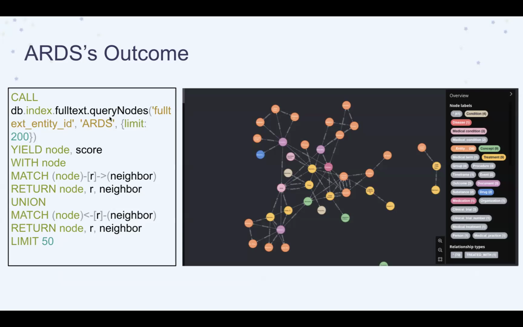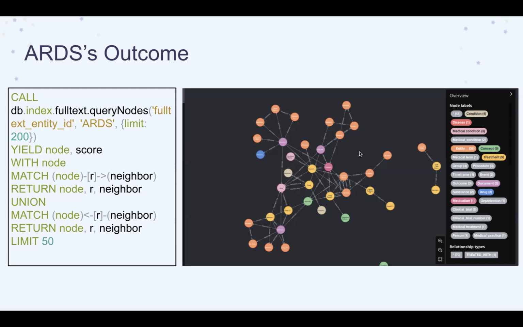We can put this Cypher query into the knowledge graph, and we basically want to see all the nodes that contain information of our ARDS and how this node constructs relationships with the neighboring nodes, and vice versa, how neighboring nodes construct relationships back to a particular node.